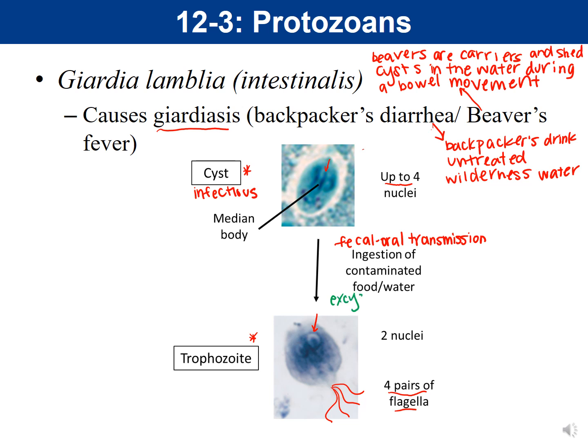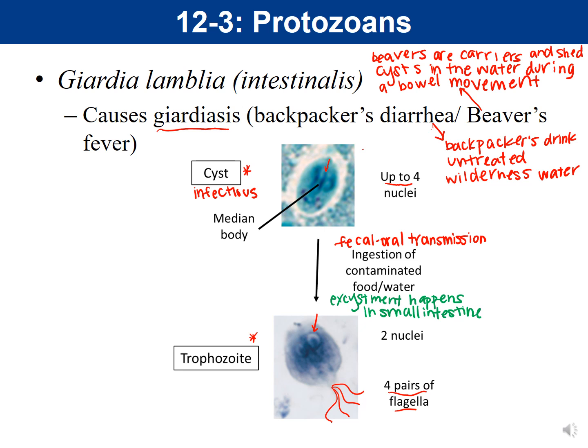excystment happens in the small intestine. So it's going to hatch and it's going to give rise, that cyst is going to divide into 2 trophs. So each cyst gives rise to 2 trophs.